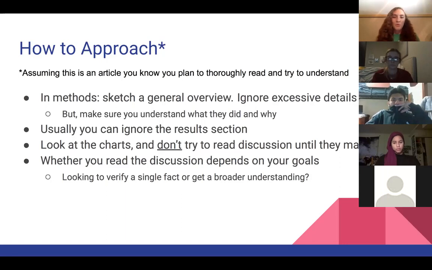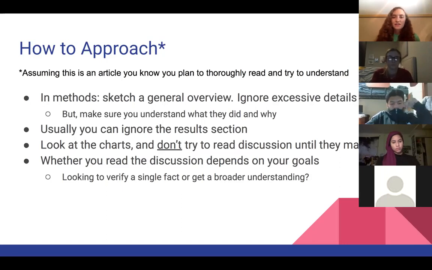So why did they decide to use mice over cells? Different factors like that. Usually you can ignore the results section, because the discussion will go more in depth in explaining the implications of the results.